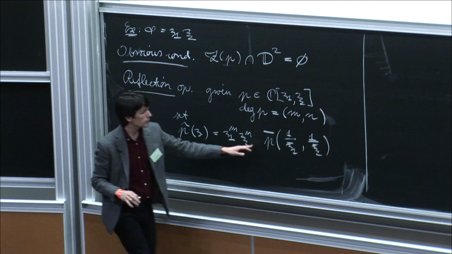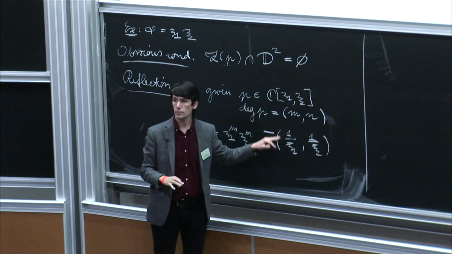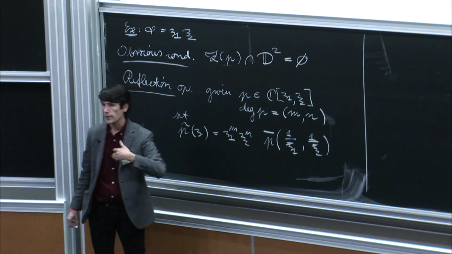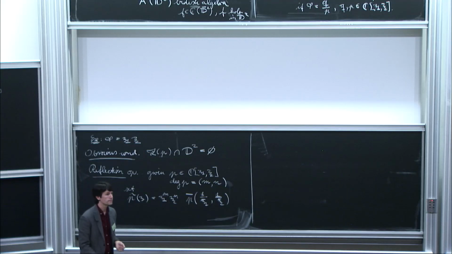So this is going to be an analytic function by this double reflection, and then I multiply through by a factor to make this into a polynomial.